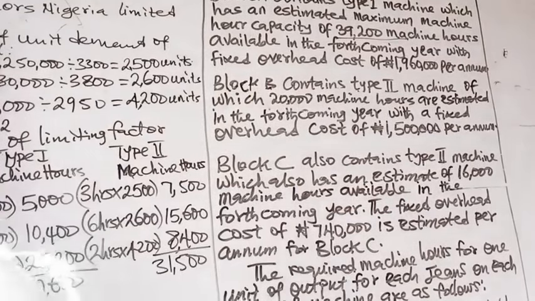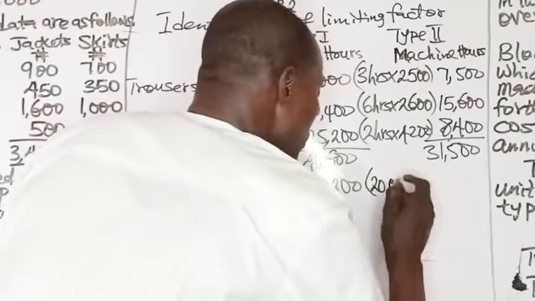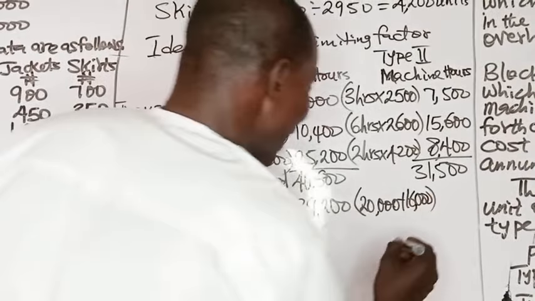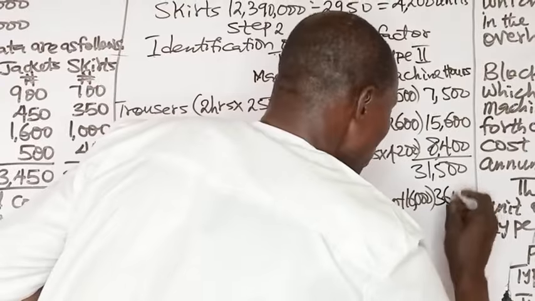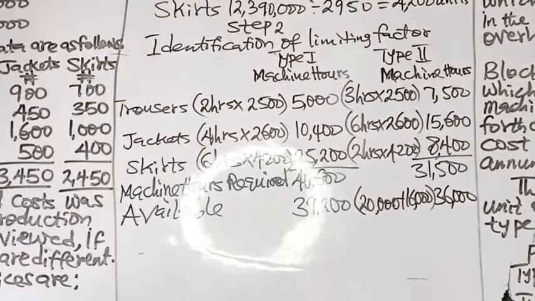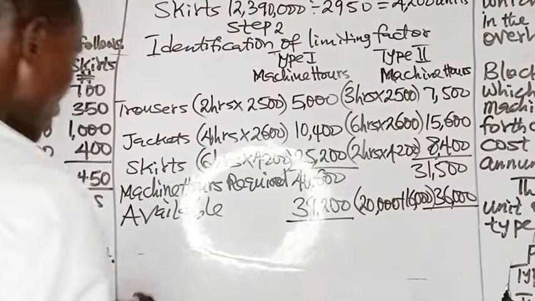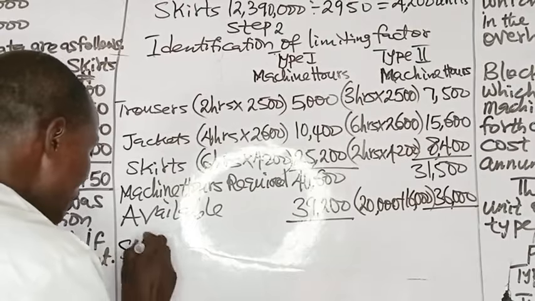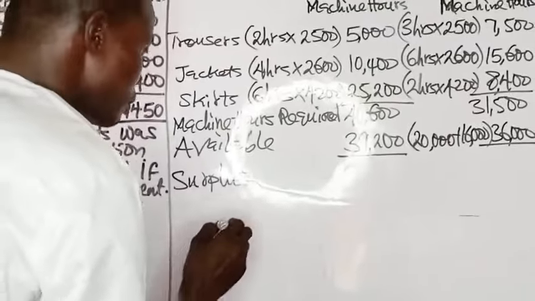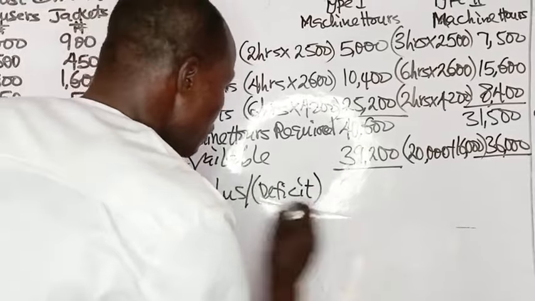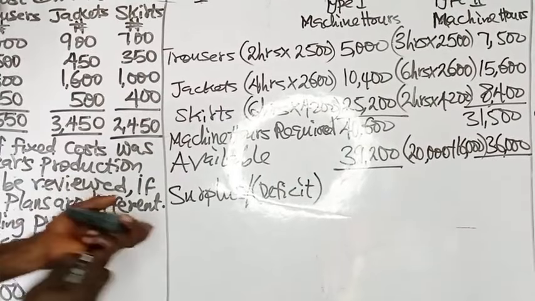So if you add it together, 20,000 plus 16,000, you have 36,000 available. So you may have a surplus hour, surplus will be positive, or deficit, negative.